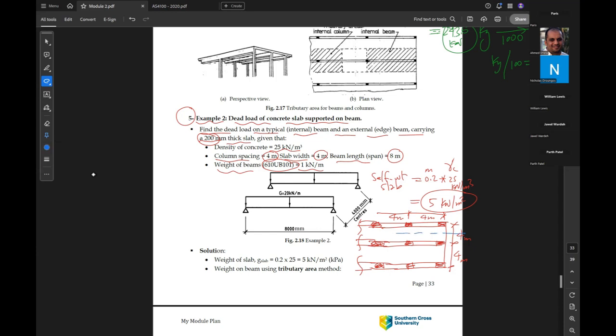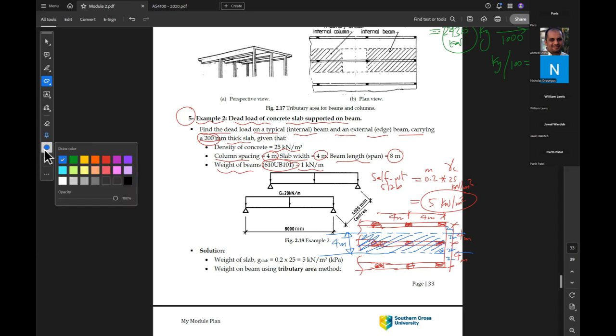So this will be the tributary area. So the middle beam or the internal beam carries how much width of the slab? If this is 2 meter, 2 meter, 2 meter, 2 meter, how much total? 4 meter. For the edge beams, how much is the width? Only 2 meters.